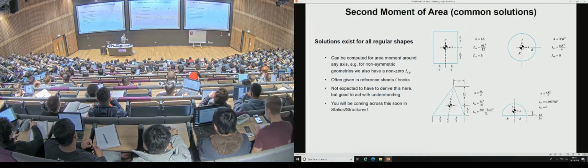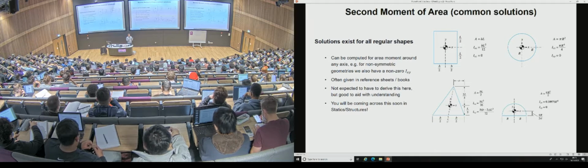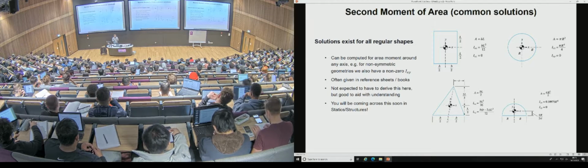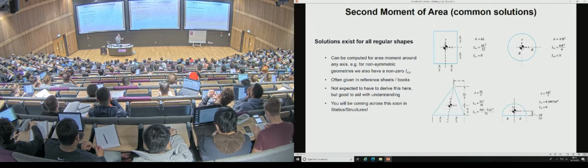If you were asked to do a coursework or a report for industry, then you would refer to a textbook that has all the reference types of second moment of area for different shapes. In certain cases where you have an arbitrary shape, you have to use some kind of a script or a program to calculate your own moment of area. If it's not one of these regular shapes, you have to do that by hand. But again, that would be done using computer software.